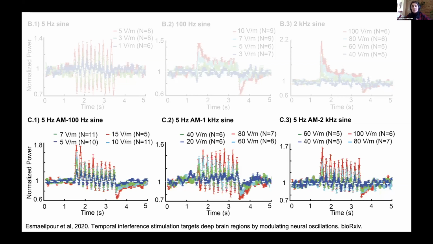For each of these, we can see that the gamma power is modulated by the amplitude modulated waveform. Obviously, with increasing the frequency of the carrier, we need more intensity in order to produce the same response. In other words, the sensitivity of the network decreases with increasing the frequency of the carrier.